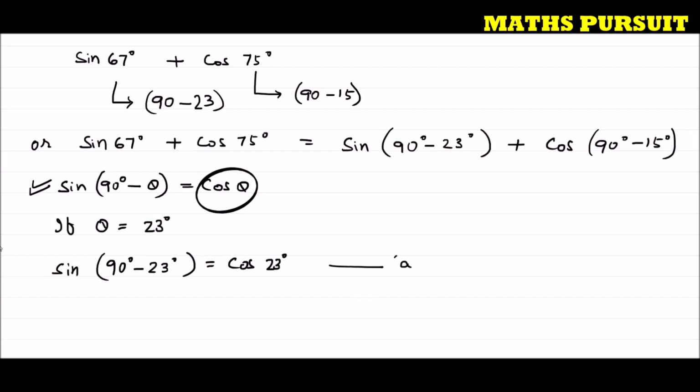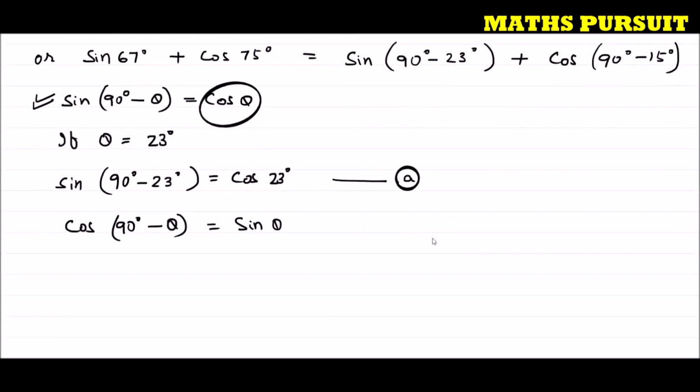Similarly, we know that cos of 90 degree minus theta is equal to sin theta. Guys, we are very clear what I am doing, just representing the trigonometric identities.